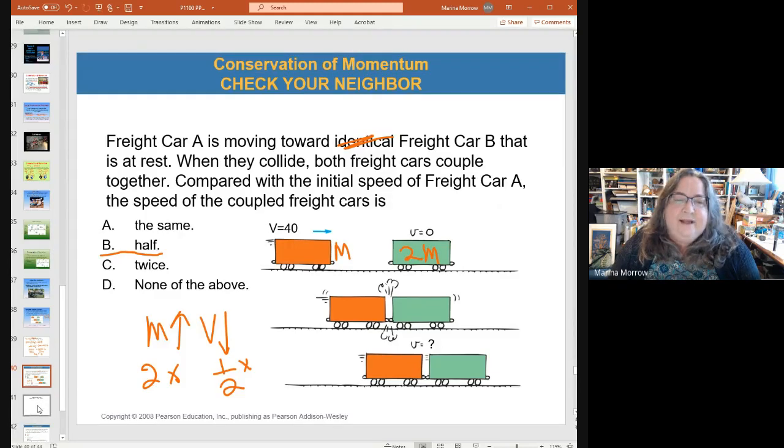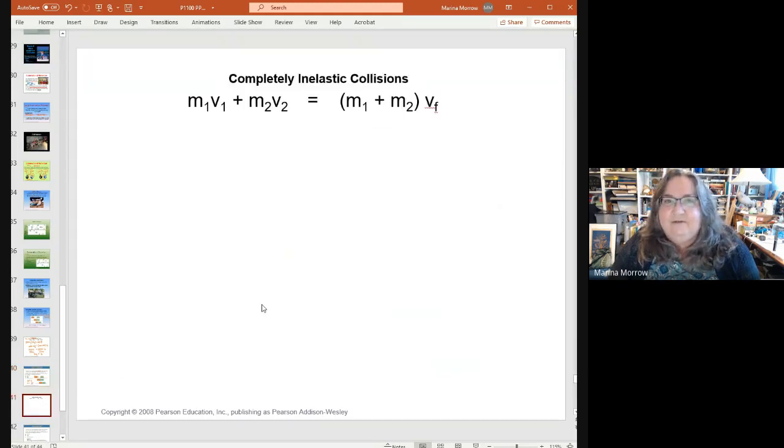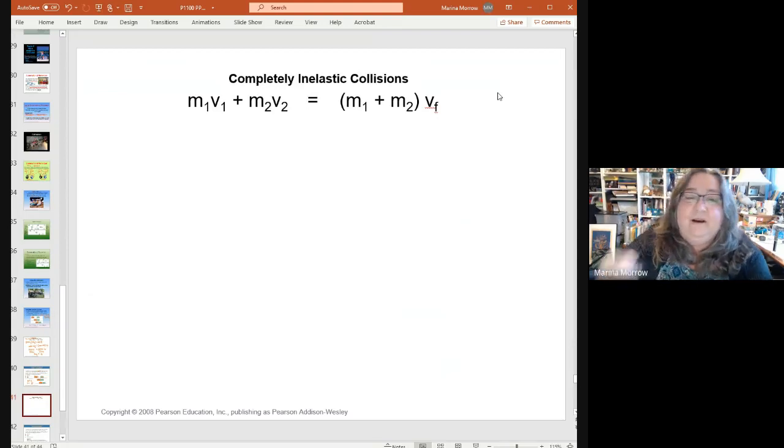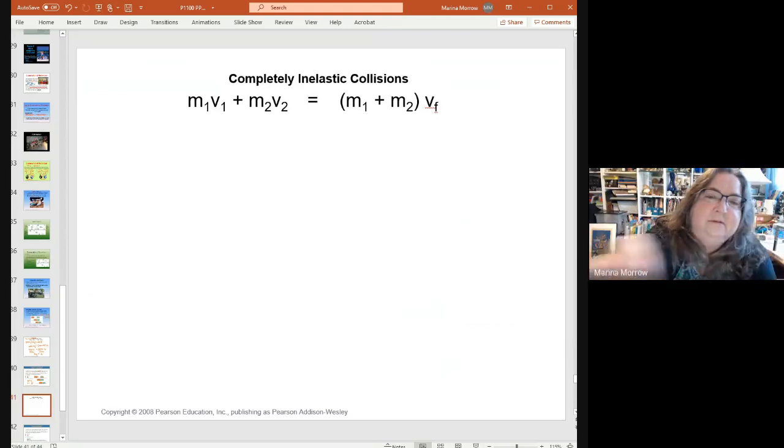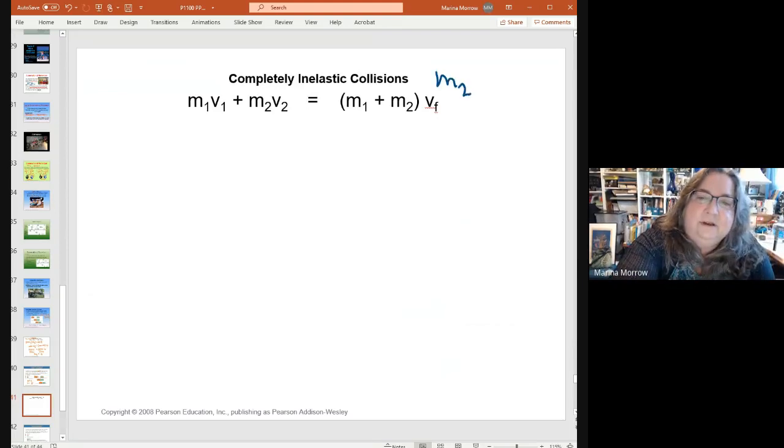I don't actually have to tell you how much mass that is. You don't really need to know that if you know the relationship. We know that mass 2 is twice as much as mass 1.